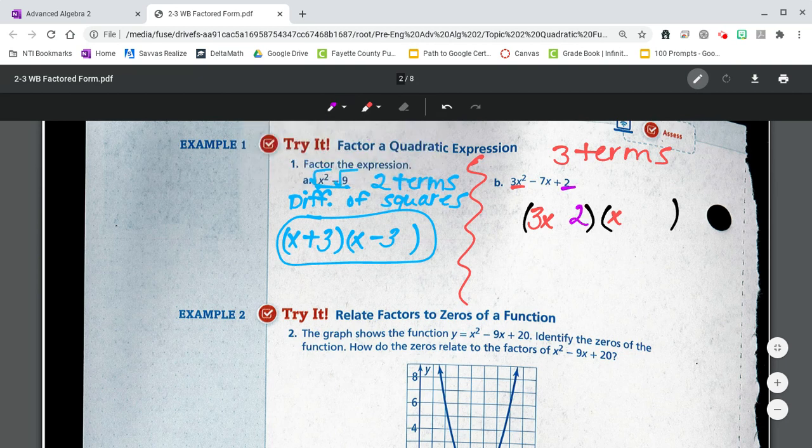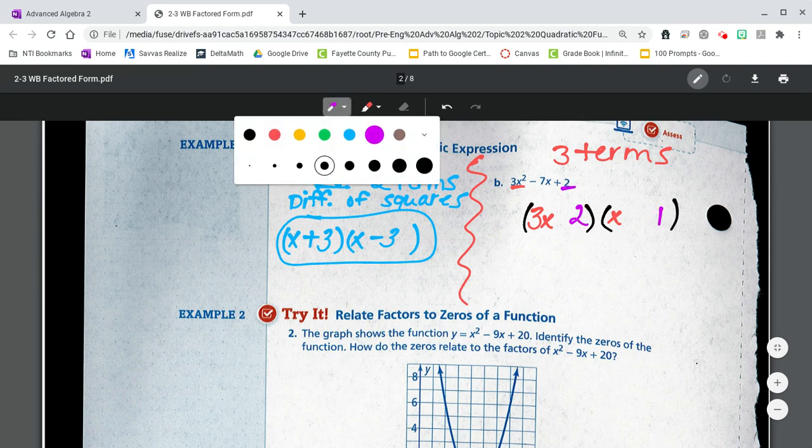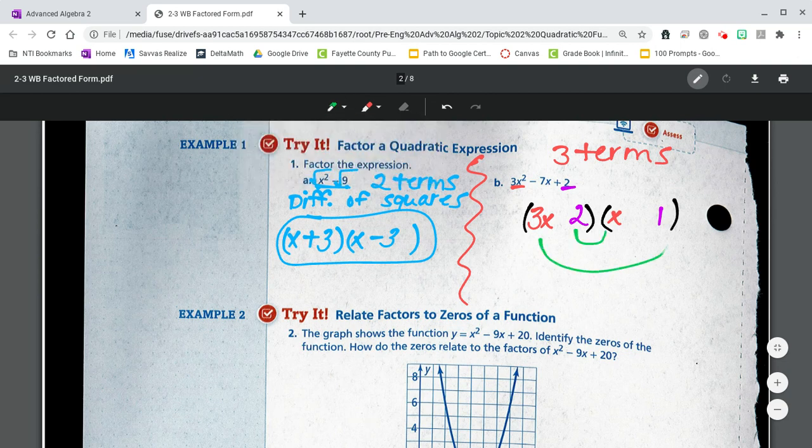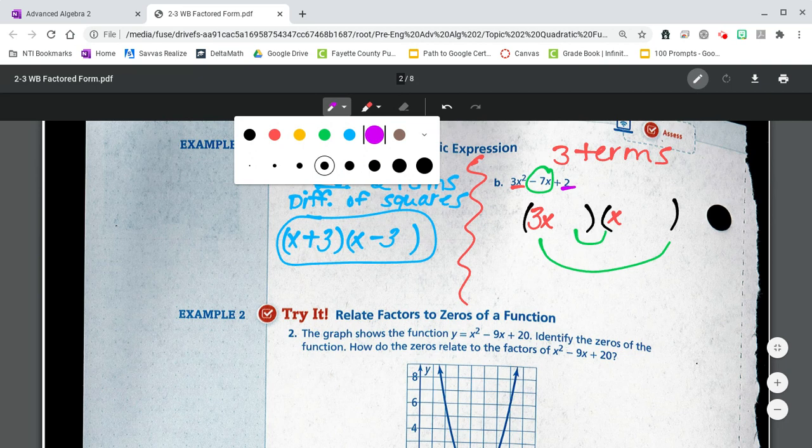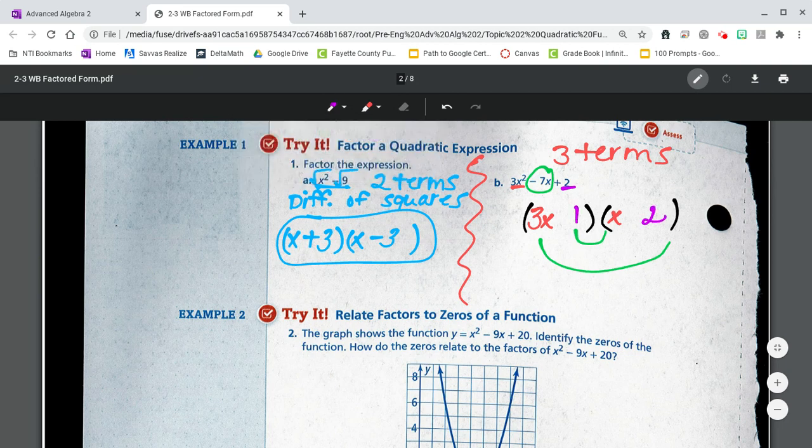Nothing but 2 and 1. So then I'll see if the product of 2 times x and 3x times 1 will add or subtract to be 7. So 2 times x is 2x, 3x times 1 is 3x. Can I add or subtract 2x and 3x to get negative 7? Nope. So we're going to try switching the 2 and the 1. So switch places. Let's put a 1 here and a 2 there.